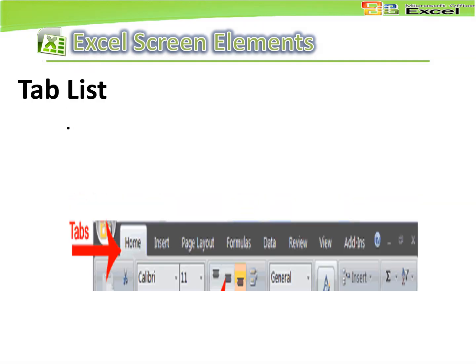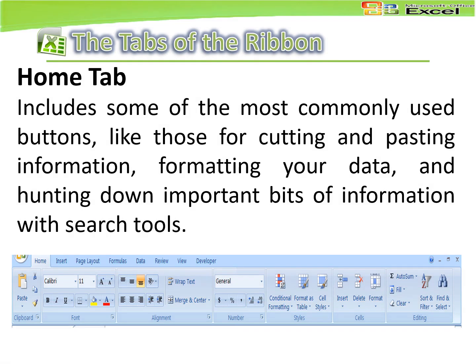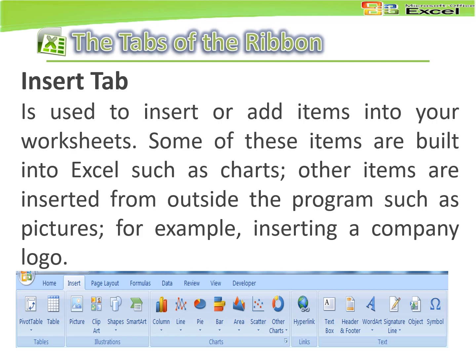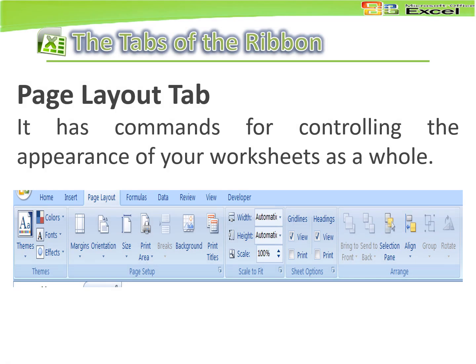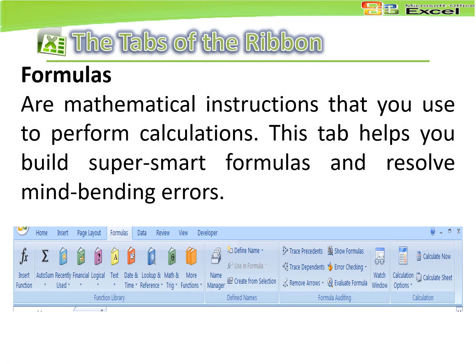And we have the tab list also. So again, for the tab list, we have the home tab, insert tab, the page layout, the formulas tab or the formula tab. Alright, so in this tab it contains commands for dealing with the most powerful aspect of Excel, formulas and functions.